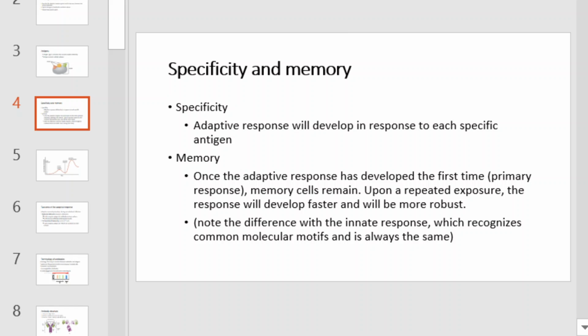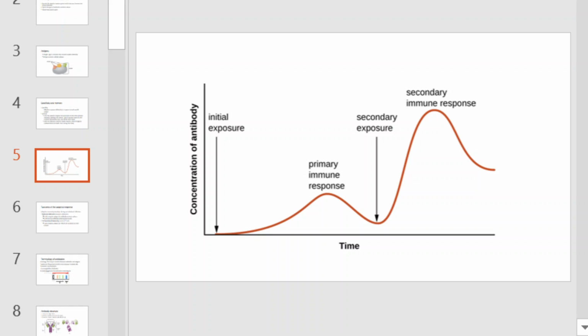Upon a repeated exposure, the response will develop faster and will be more robust. Note the difference with the innate response, which recognizes common molecular motifs and is always the same. This is a graph illustrating the difference between primary and secondary immune responses.